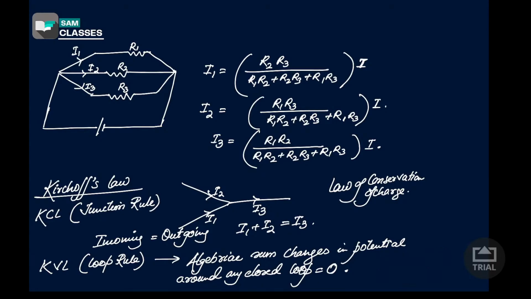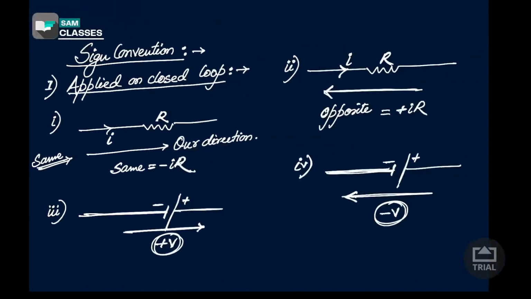What do you mean by delta V equal to 0? The total voltage in a loop, if I do the summation of the voltage in a loop, will be equal to 0. Now let's see how we use it.